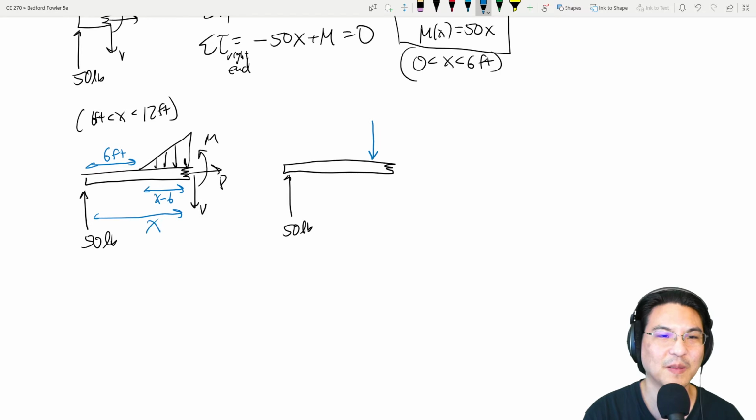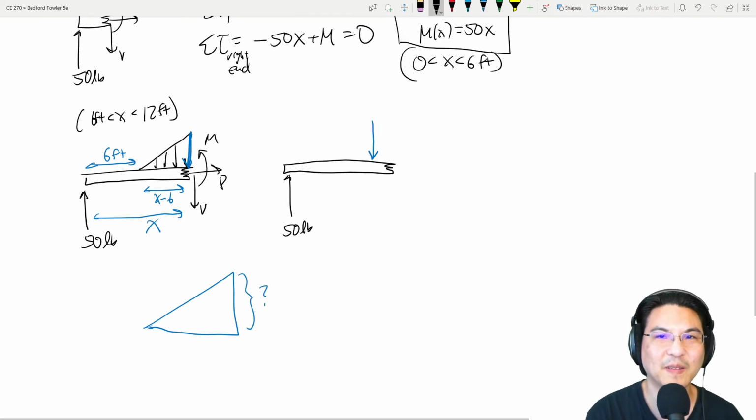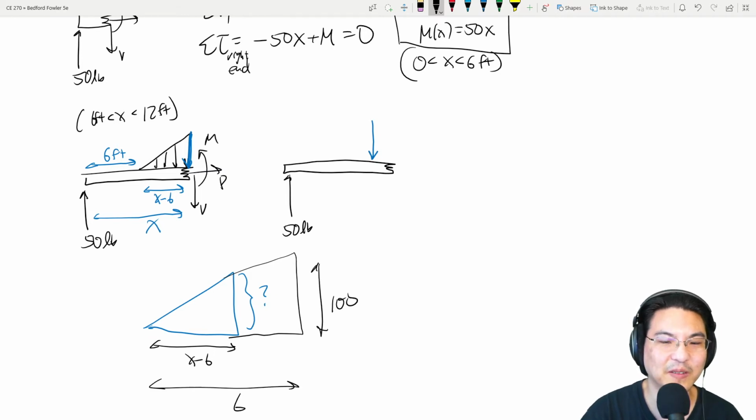Okay. All right, so now we can represent this as a single discrete force, which is the area of this shape. So now here's the question. How much is this vertical? Right, this triangle. How high is this? We know that here to here is x minus 6, and the original triangle, this was 6 and this was 100.